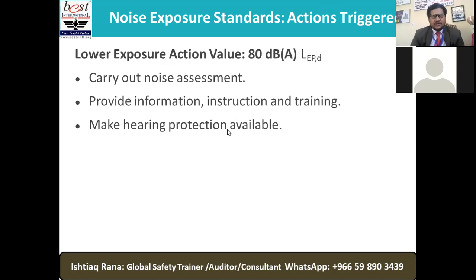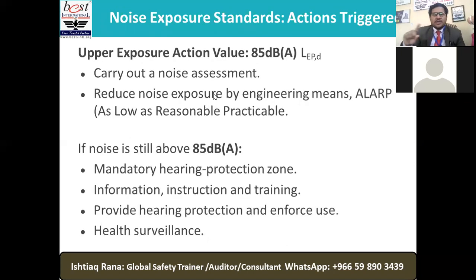Make hearing protection available. So if it is the lower exposure action value, these three actions are surely important: carry out noise assessment, provide information, instruction, and training, and make hearing protection available, like earmuffs or earplugs, but a suitable, appropriate one.